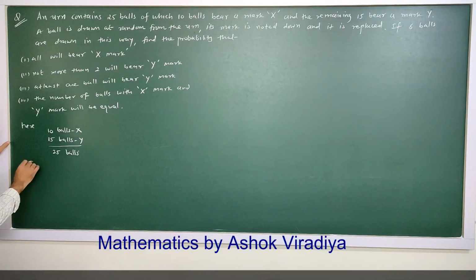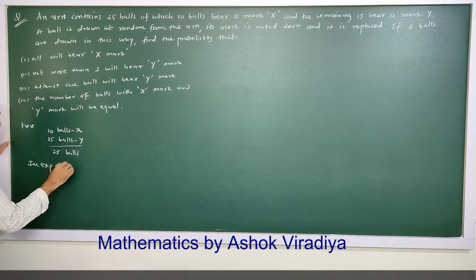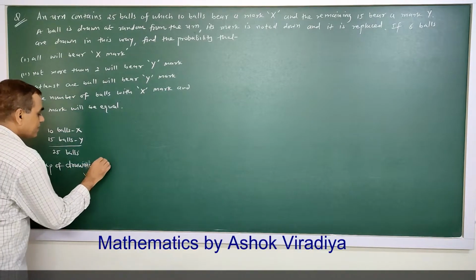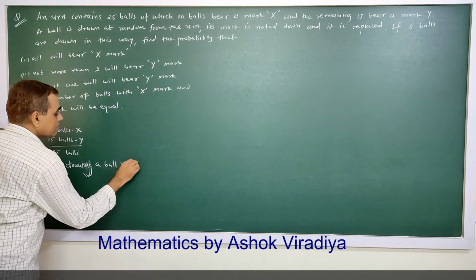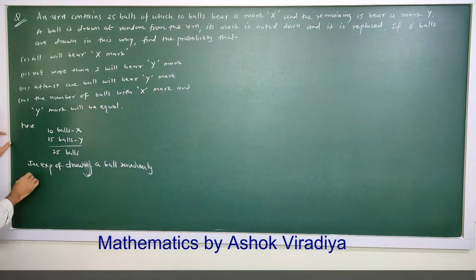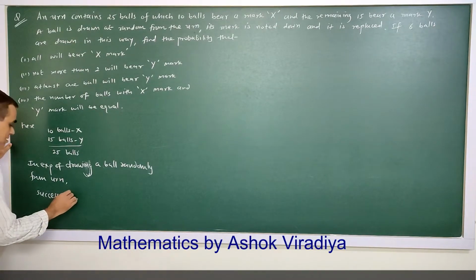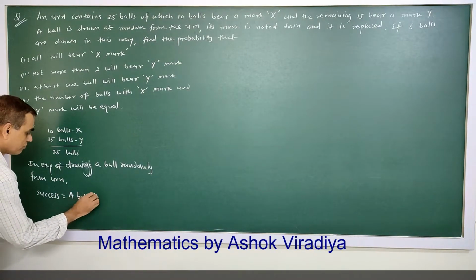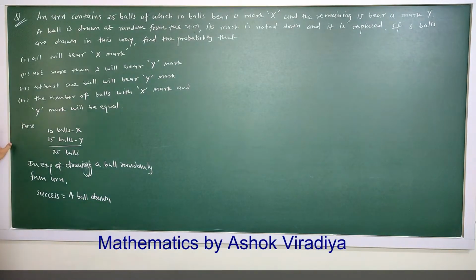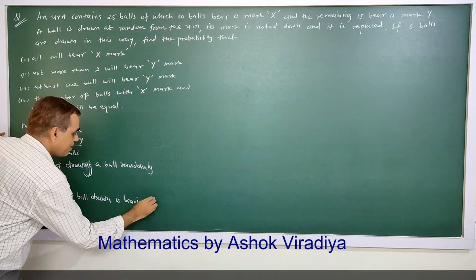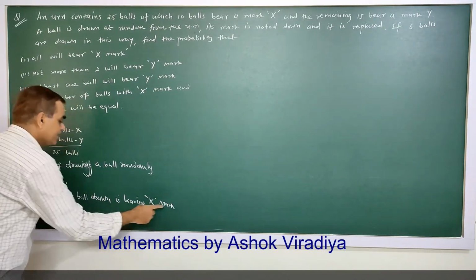So in the experiment of drawing a ball randomly from this urn, we take success as the event that a ball which is drawn is bearing X mark.